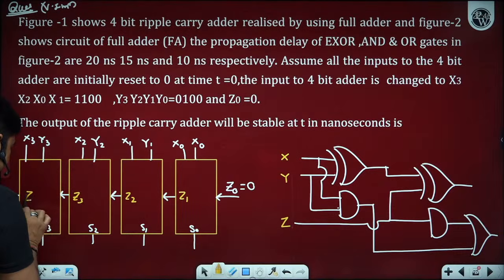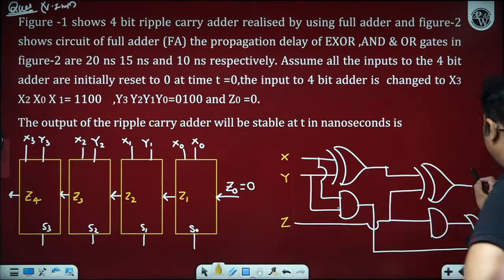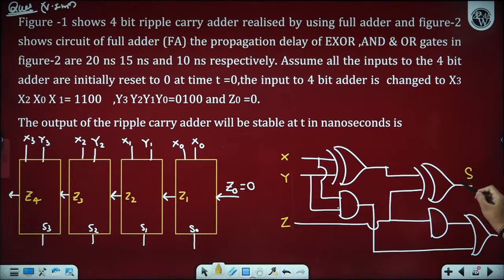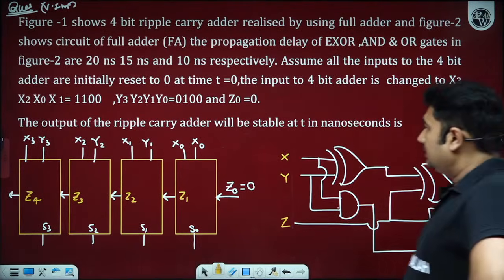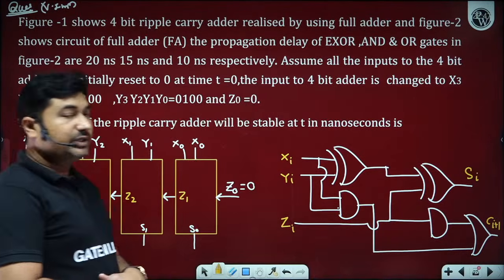It is in the form of z. We have a sum bit and a carry bit. This is the circuit which we are using. Is it okay?